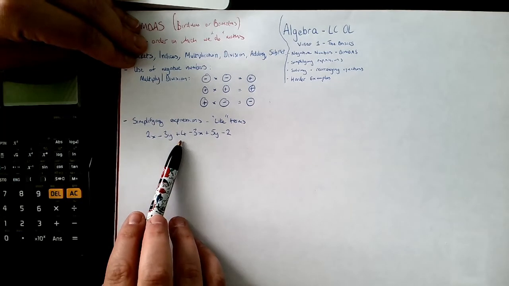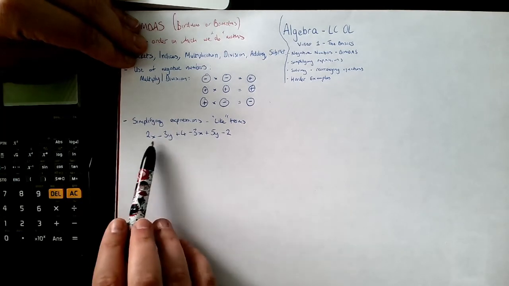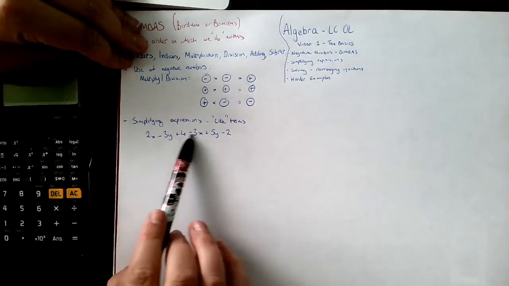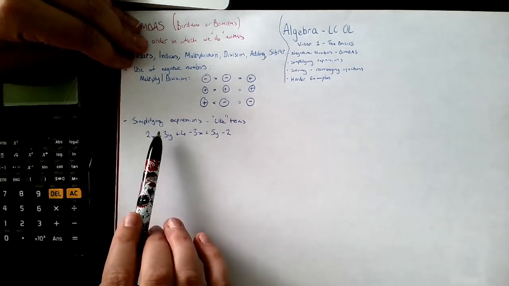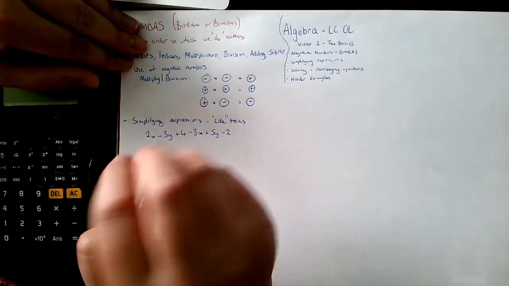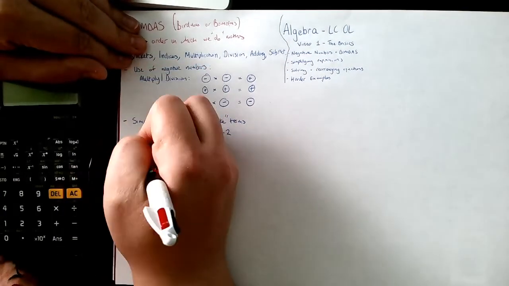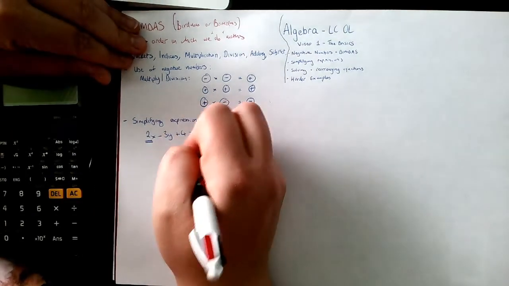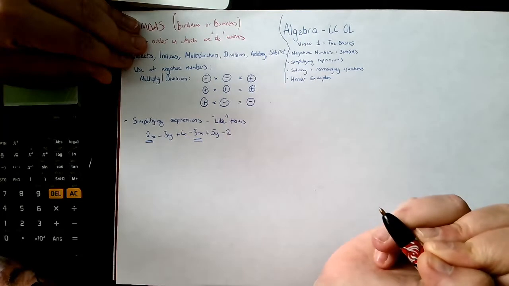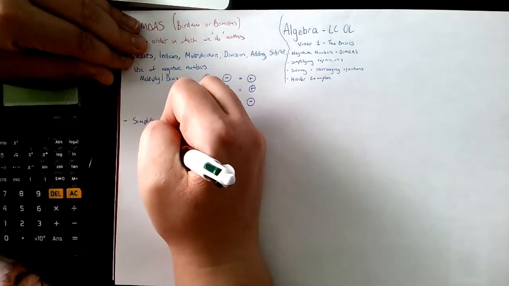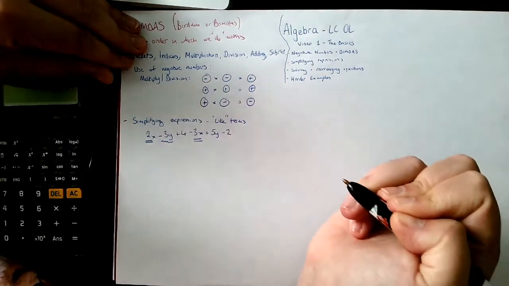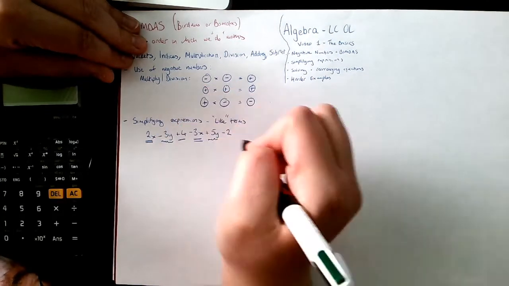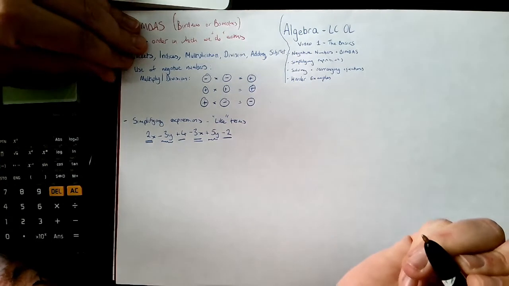So what you need to do is simplify by grouping your terms that are the same or alike. Let's start by marking our x. We have an x here and an x here. We have a y and a y, and we have a number and a number.